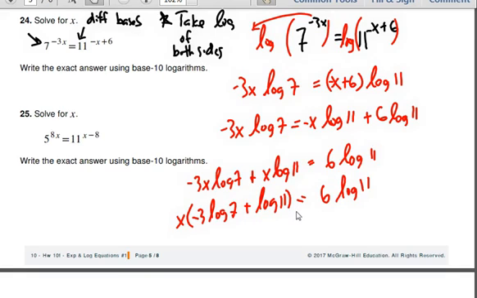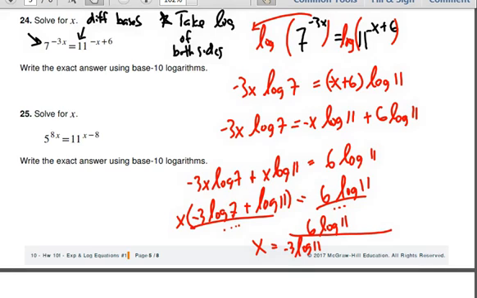And then, you guessed it, divide both sides by negative 3 log 7 plus log 11. And I divided by the same thing over here, which gives me a nice final answer of 6 log 11 over negative 3 log 7 plus log 11.